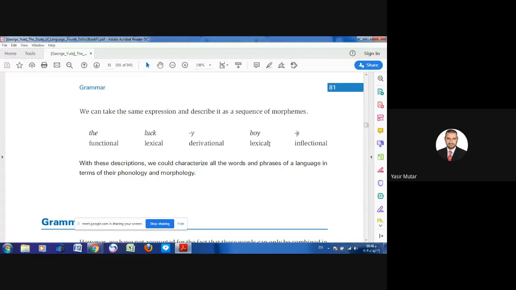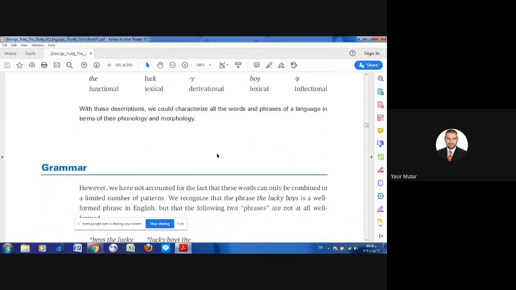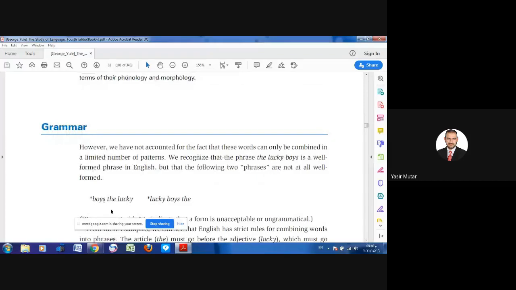We studied this in the last chapters. But how do we combine those words? I mean, the lucky boys: how are they combined in the language, why are they acceptable in the language, and at the same time why are the phrases boys the lucky or lucky boys the not acceptable in the language?